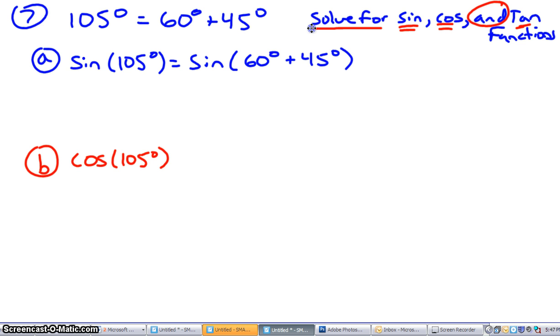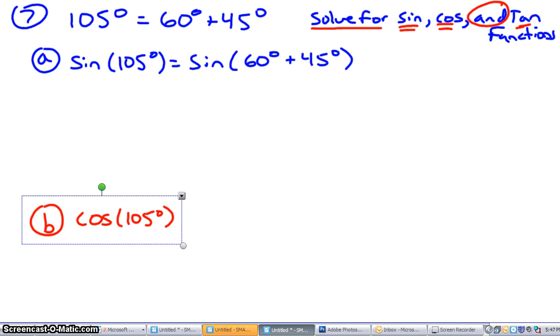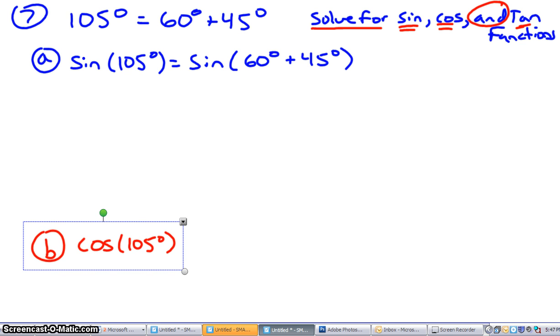And I'm thinking I might need just a little bit more space here. I'm going to grab this one and slide it down a little bit. There we go. Now, for sine of 105, that's what they're asking us to do. They tell us virtually to break it down into this sum of angles.